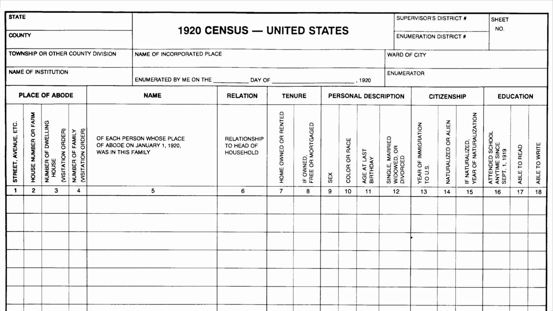Check the addresses. While the 1920 census included all of the usual information, such as names of household members, their ages, ethnicities, and relationships to the head of the household, house addresses were also listed. You will find street names and house numbers next to the heads of households on this census.